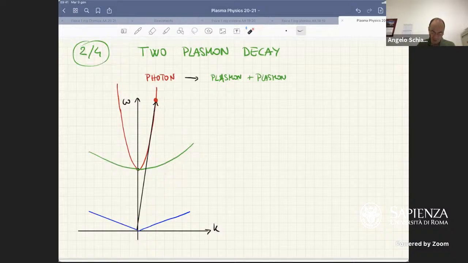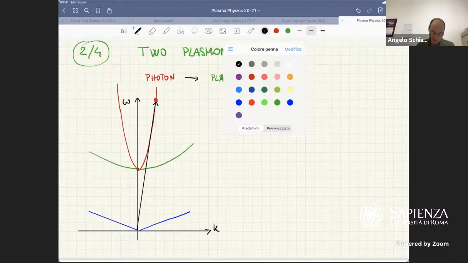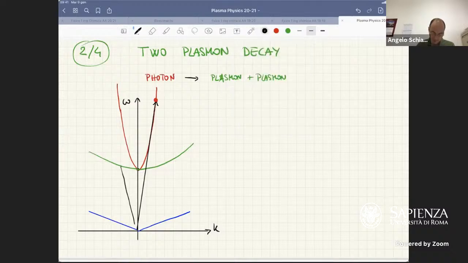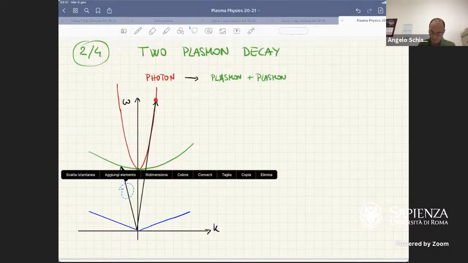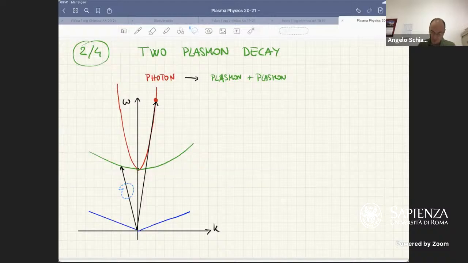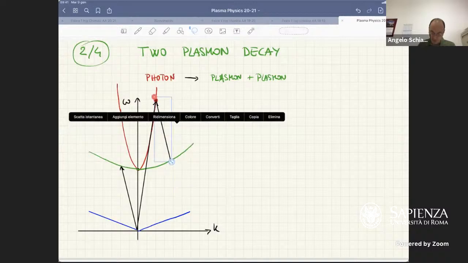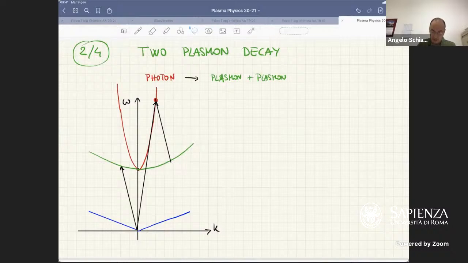For instance, let's pick up this point here. See if we are lucky. And copy. And we have to go back from that point, more or less, to here. So actually, our good points are these two here.